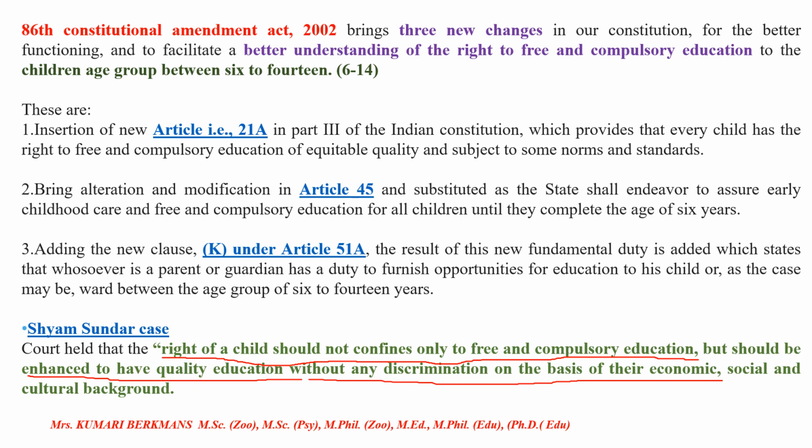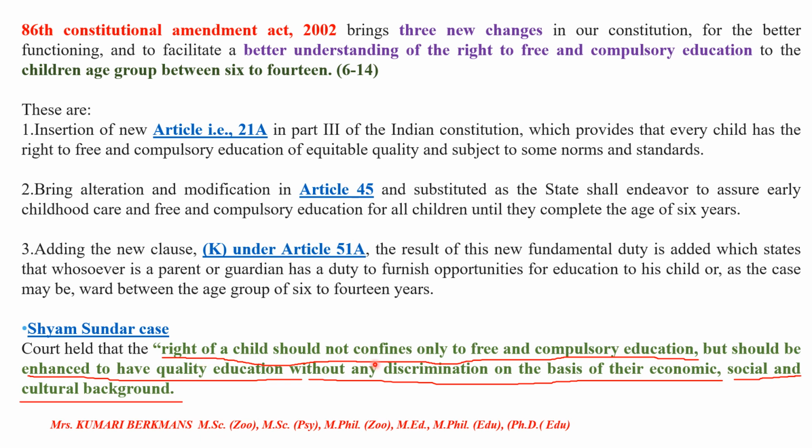See, some schools treat poor people and rich people in a different way. That is what this case is about, and it gives clarity that this should not happen. Social as well as cultural background, caste, religion, everything comes into education. That should not happen. That is what this case says, and a change was brought out after this case.